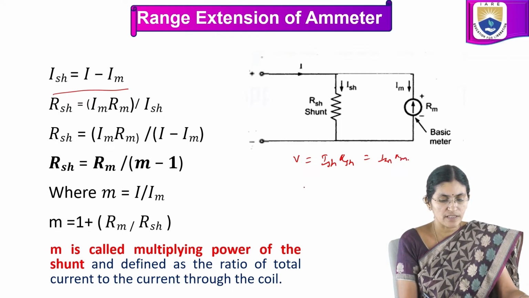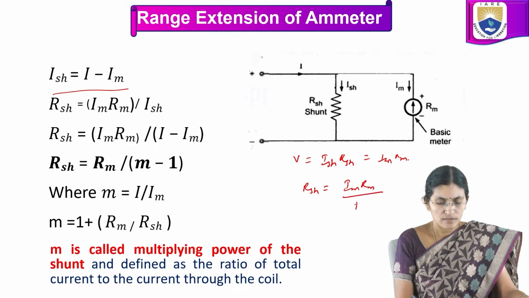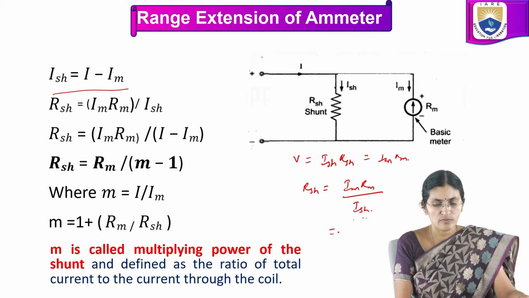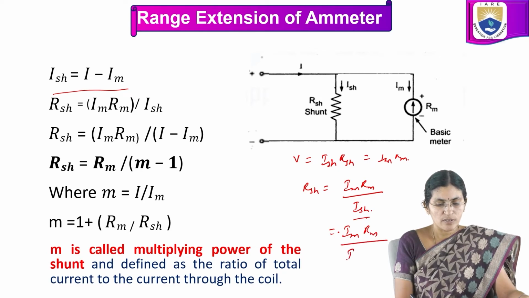So from this we can write RSH is equal to IM RM by ISH. In this we can substitute ISH as I minus IM.